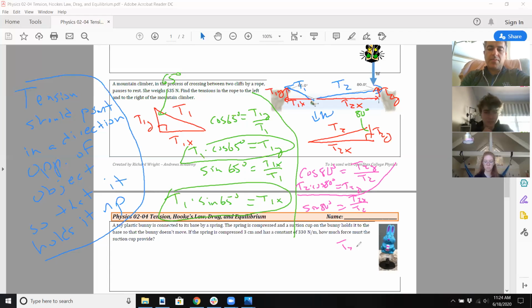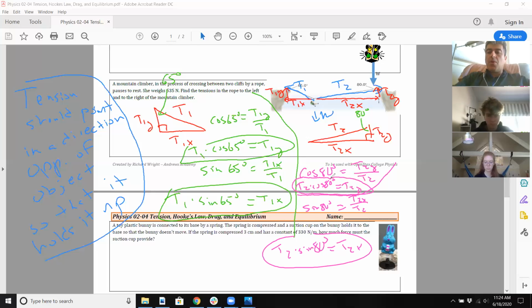So T2x is T2 times sine 80 degrees. We're going to be using these as well. We call them components because they're parts of T1 and T2. One's vertical, one's horizontal, and of course, I'm using basic trig rules to figure them out.